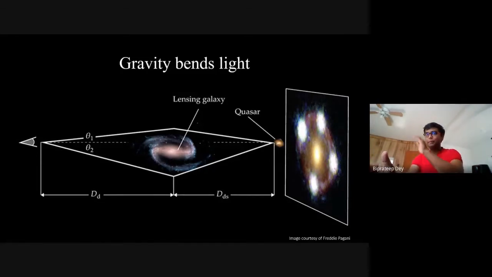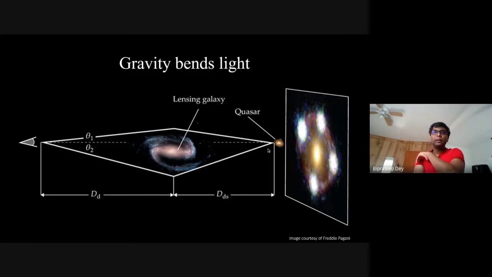And when we look at the sky, if there's a bright object behind a very massive object, we can see that the light from that bright object is bent. In a very simple situation, if something small is behind a big thing, we cannot see it. But since gravity affects light, it acts as a lens which bends light, and we can see the image of something even though it's behind a massive object.